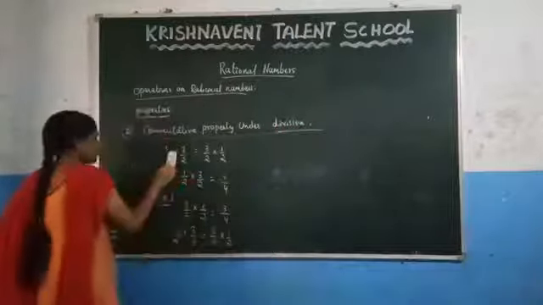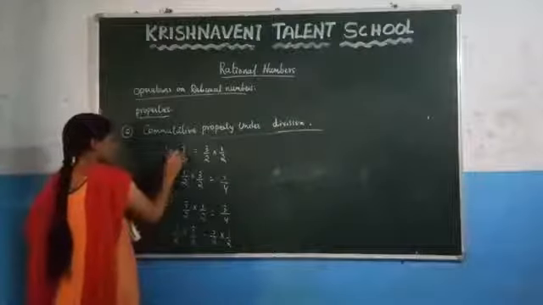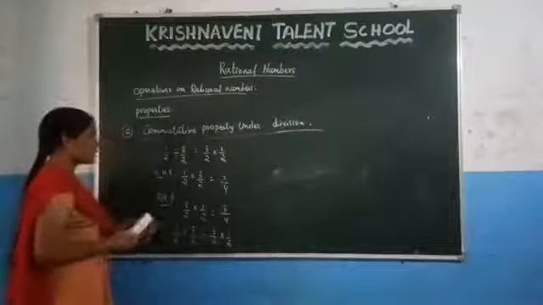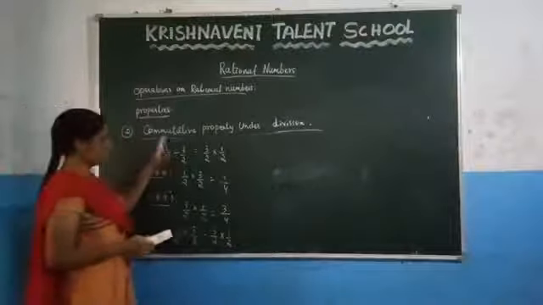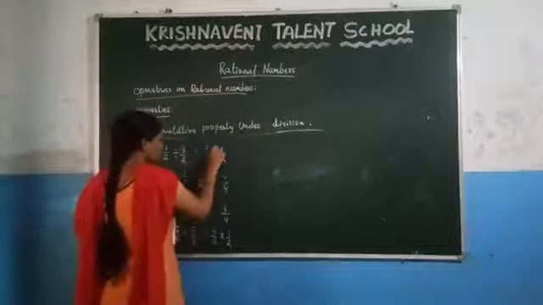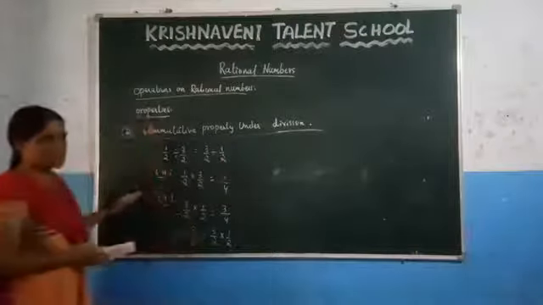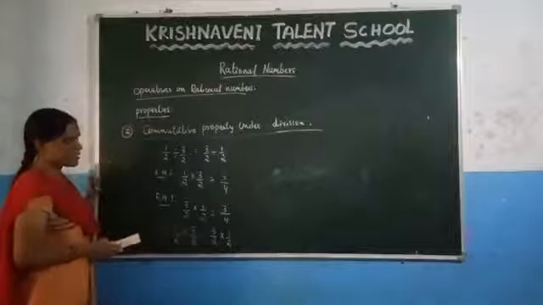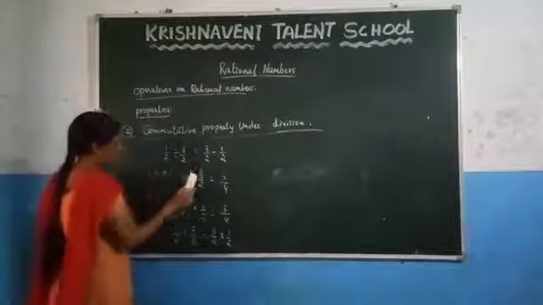So what division is, let us consider the same numbers 1 by 2 divided by 3 by 2. So what does this property say, if you change the order, you have to get the same result. Let us solve it whether this condition holds or not, this equation holds or not.